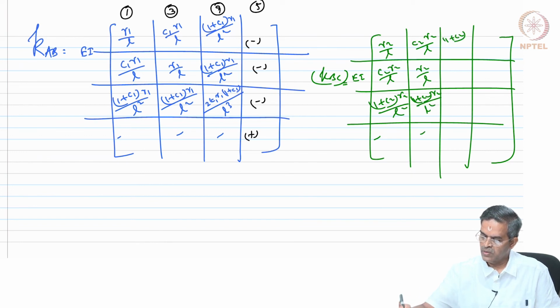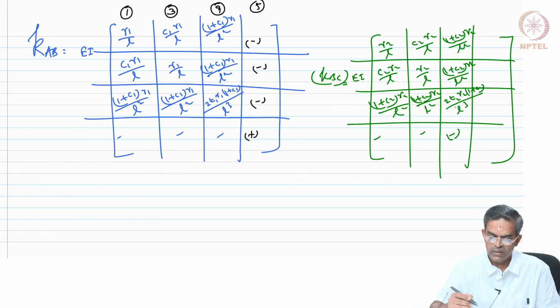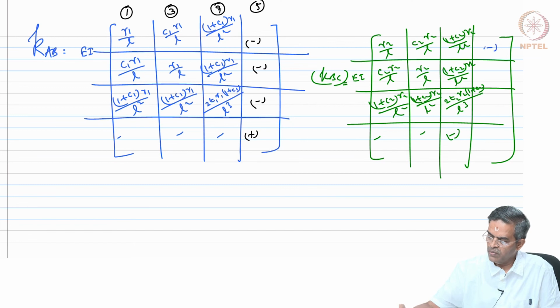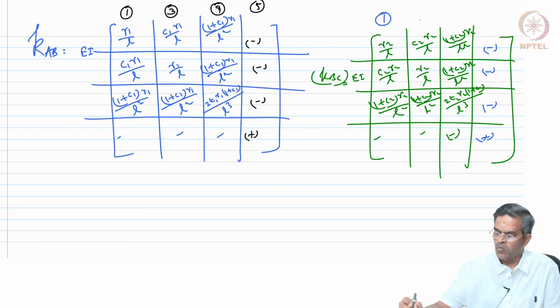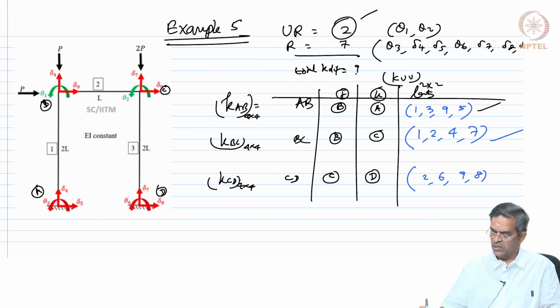So, 1 plus C2 R2 by L square, 1 plus C2 R2 by L square, 2 times of T2 R2, 1 plus C2 by L cube minus of this, and the fourth column will be negative of the third column. The labels are going to be 1, 2, 4 and 7. You can see here 1, 2, 4 and 7.